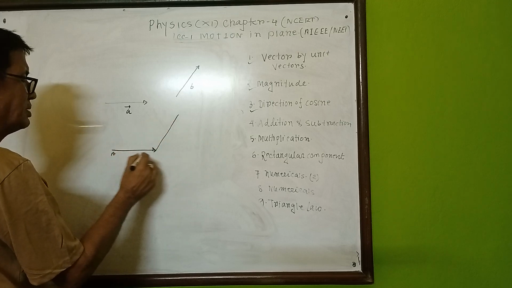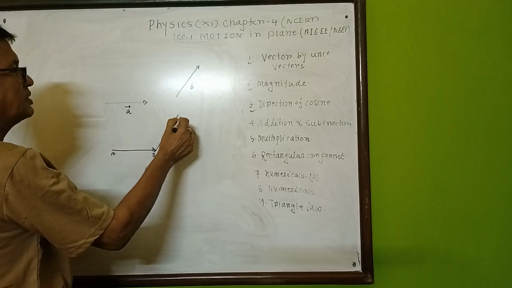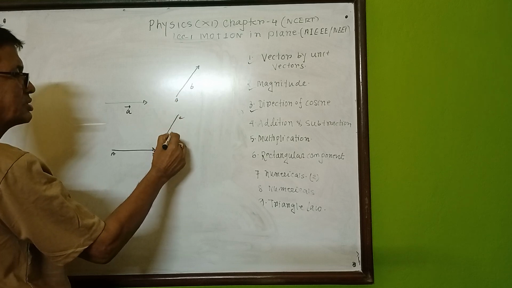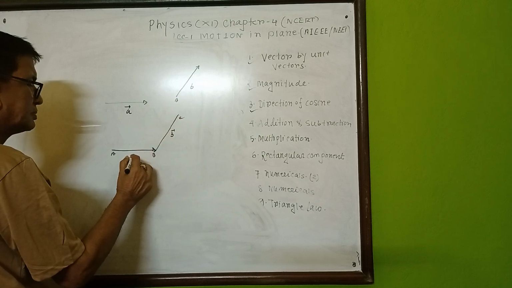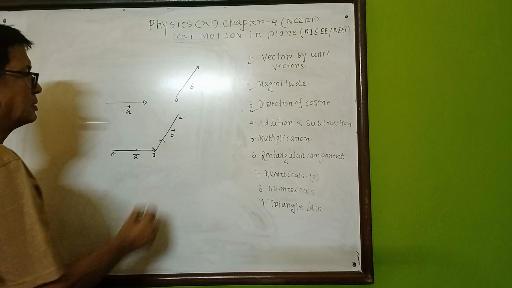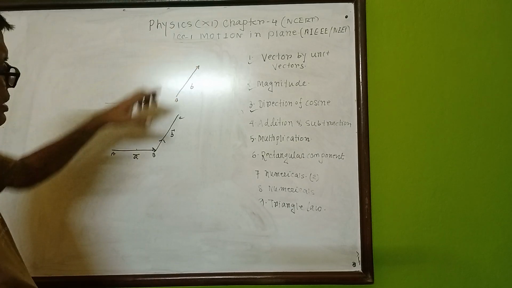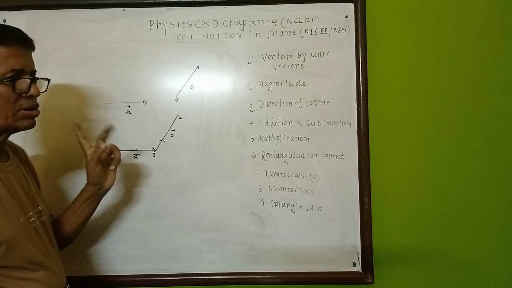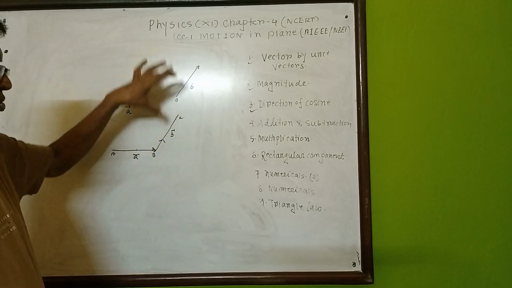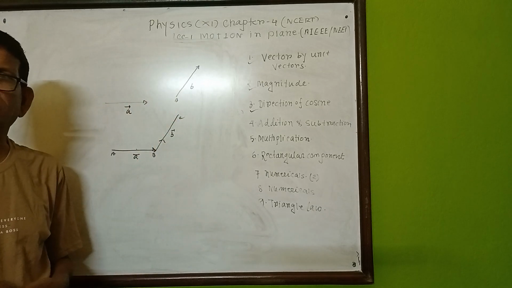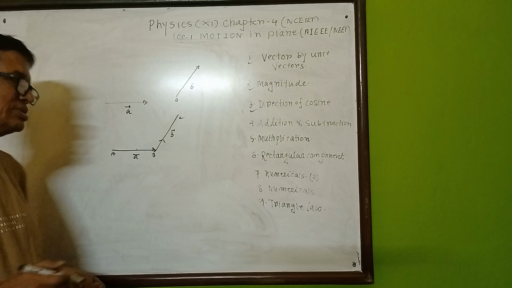Suppose it is AB, it is BC. Vector B is brought to A. Clear? So when you are shifting B to add with A, always shift it parallelly and the length will remain the same, otherwise direction or magnitude will change.